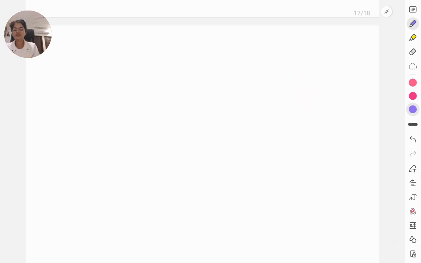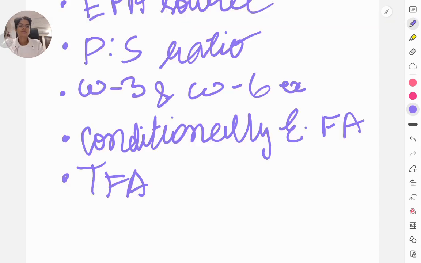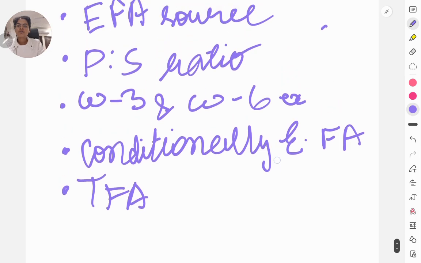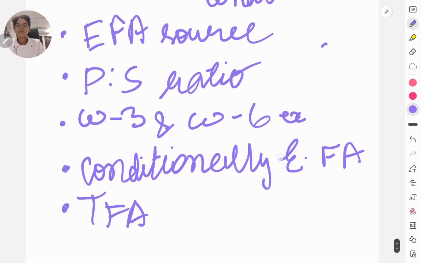Now we will be seeing the next thing, that is lipids. Okay, so fatty acid, which is known as the triacylglycerol.